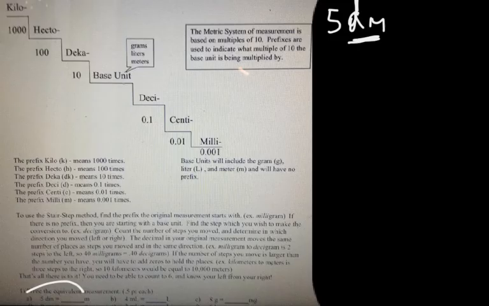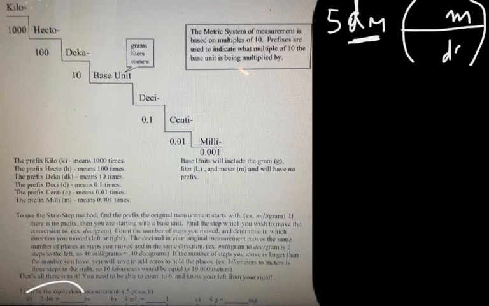You put your conversion factor in parentheses with a line across. You want to change to meters, so meters is the desired unit, you put meters on top and decimeters in the bottom. The decimeters and decimeters cancel. It leaves you with meters, your final answer.